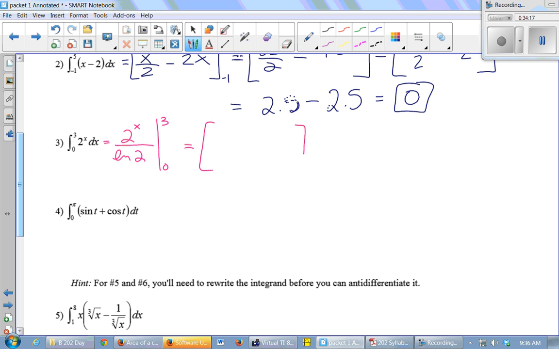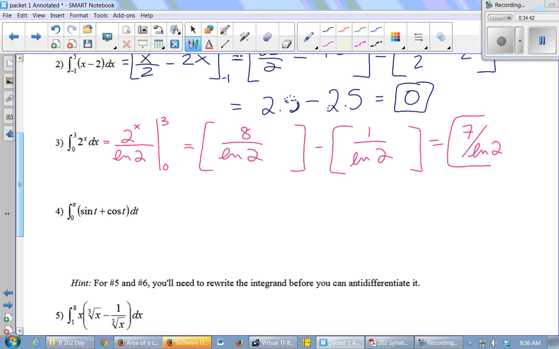So set up two parentheses, one for plugging in 3, one for plugging in 0. So 2 cubed, that's 8. And 2 to the 0 is 1. So then those have the same denominator, so I can subtract the numerators and I get 7 over ln 2.